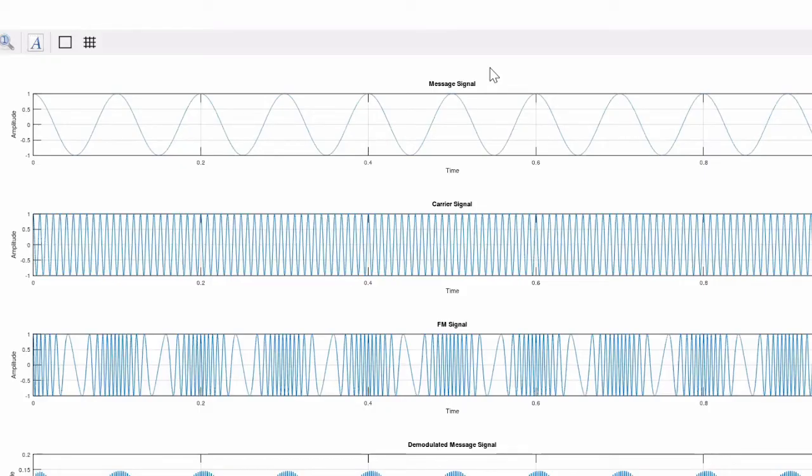So here, see, the first three are exactly the same because we did not change anything about the first three graphs. But the thing which we changed was in the last graph. Instead of 0.02, we placed a value of 0.1. So this graph, if you look from one perspective, is also showing you the message signal, but the FC part has not been filtered out properly.